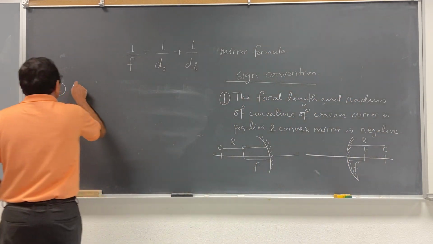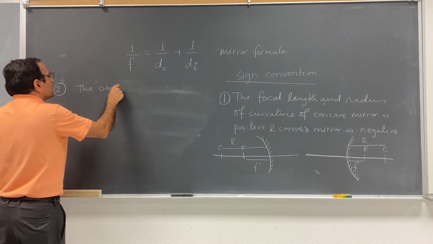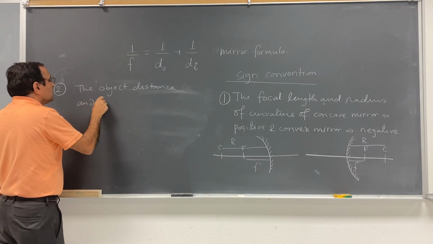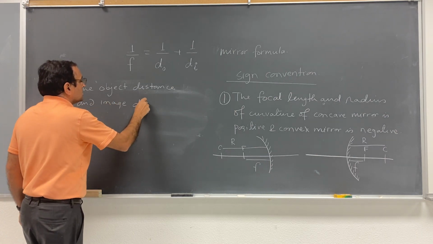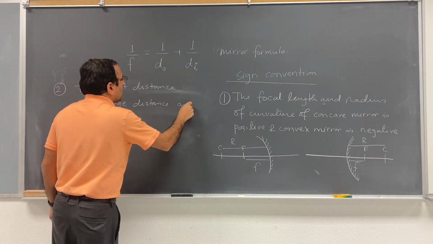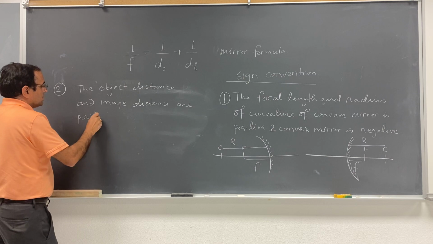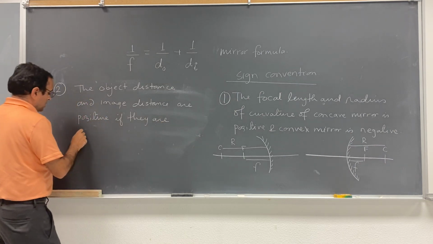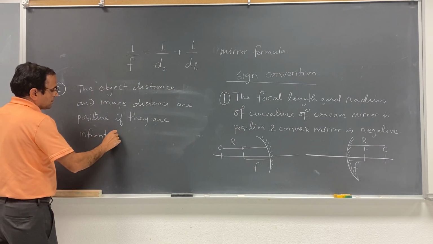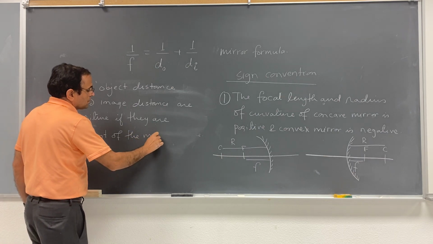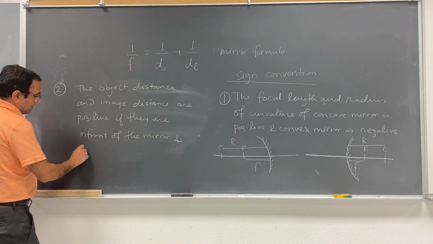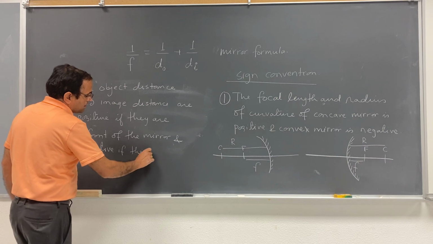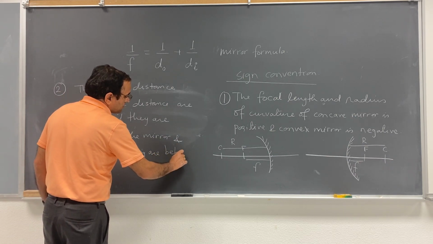The object distance and image distance are positive if they are in front of the mirror, and negative if they are behind the mirror.